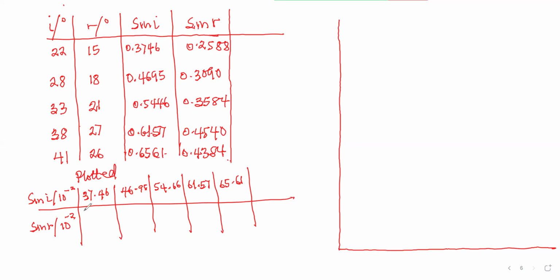So that you have 25.88, 30.90, 35.84, 45.40, and finally 43.80.